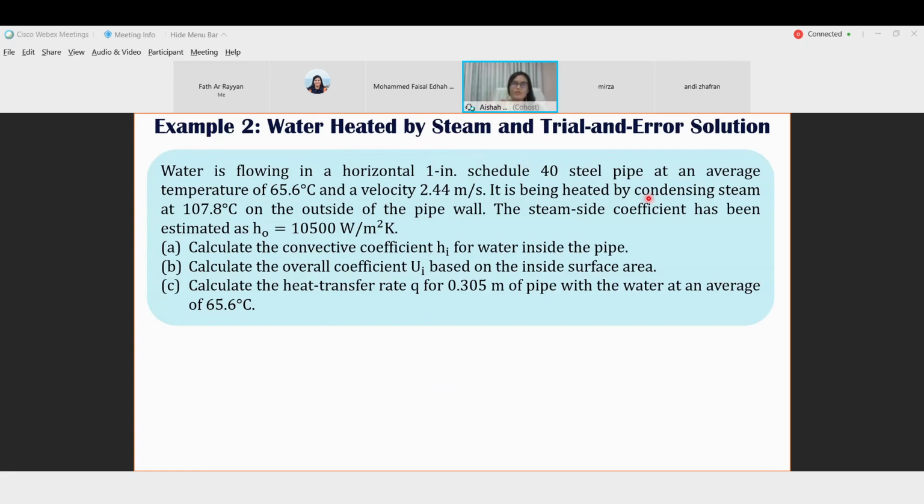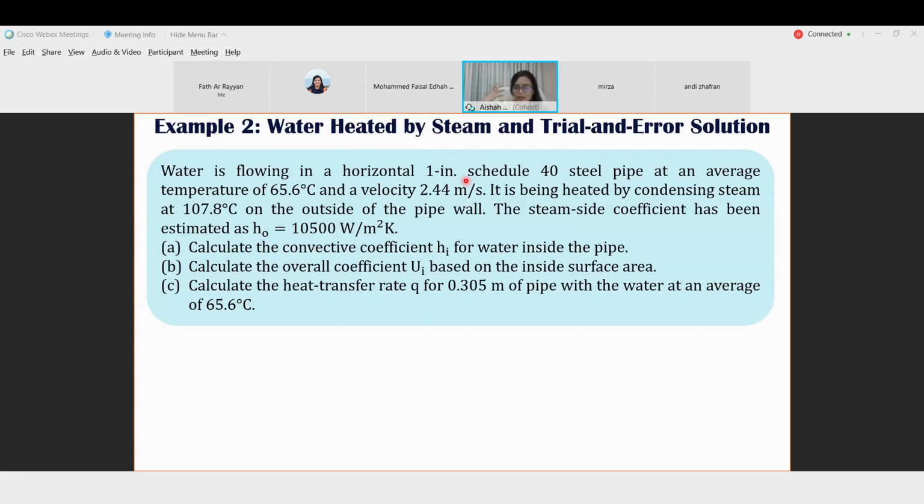But when we are using steel pipe, we are considering the inside diameter and the outside diameter, which is slightly different, it's not actually 1 inch. The specification is 1 inch, but the inside and outside diameters are slightly different.